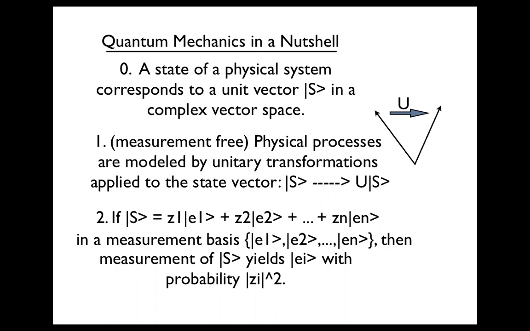Measurement takes the vector to one of the basis elements, just like throwing the die onto the table takes the die from its possibility of any one of the faces to a single face up, with 1/6 probability if it's a fair die. But here, there's more information than just the probability in this vector. The absolute square of the coefficient is the probability, and the sum of them is equal to 1, and those are probabilities.